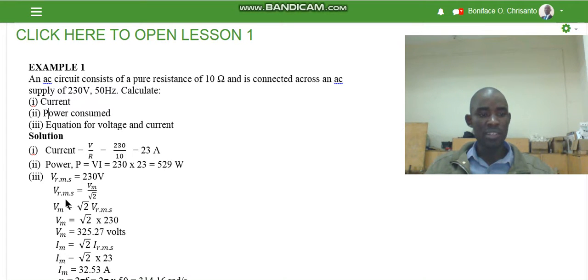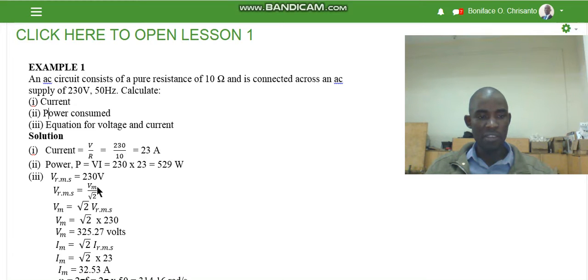We know that the root mean square value is always given by the maximum value, which we write as Vm, divided by root 2. Vm is the maximum voltage in that particular cycle, and root 2 is a constant.